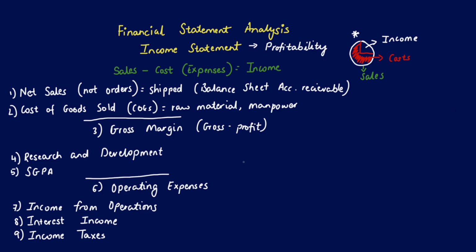The equation that ties it all up is your net income. Keep in mind that when we started the line items, it was net sales. It's how much you sold. Net income will tell you how much you've made.